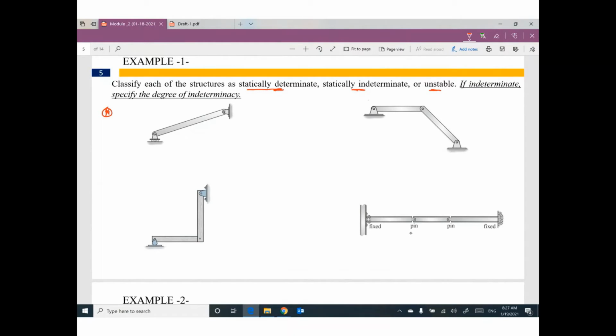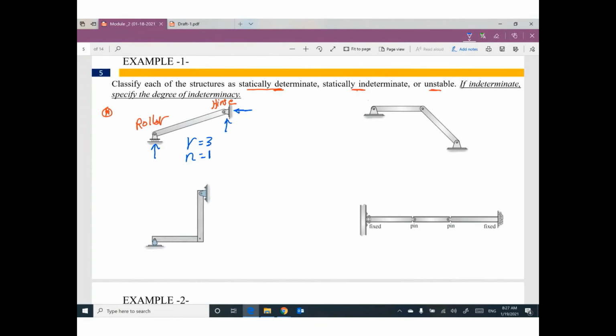Okay, let's start with this one. We have a roller here. We have a hinge. So please, how many reactions do you have? We have one. How many reactions? We have two. So R equals 3, N equals 1.